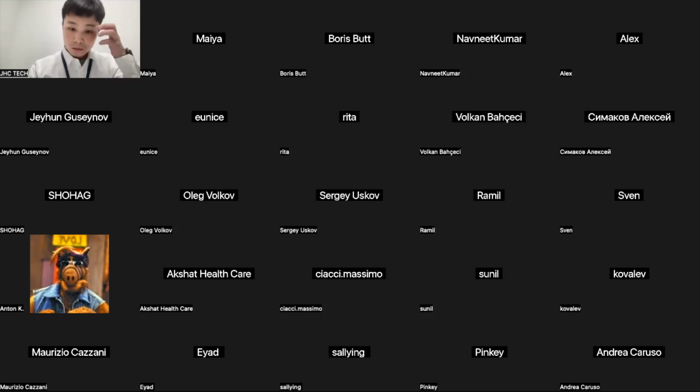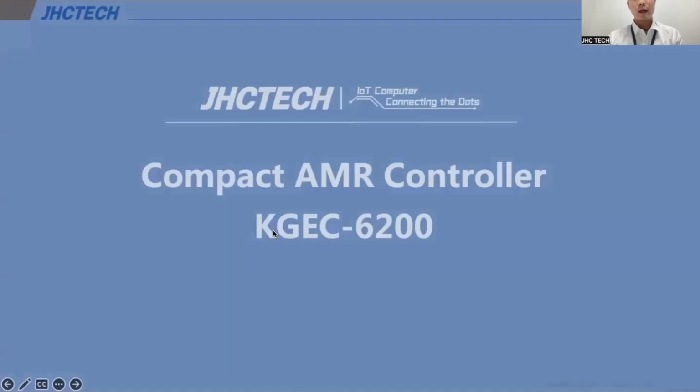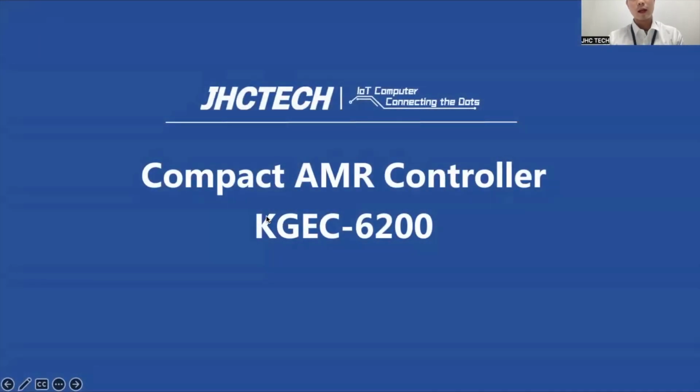Let's go on. Next, I will introduce our other product. It's also the KGEC series, named KGEC-6200. We define it as a compact AMR controller.